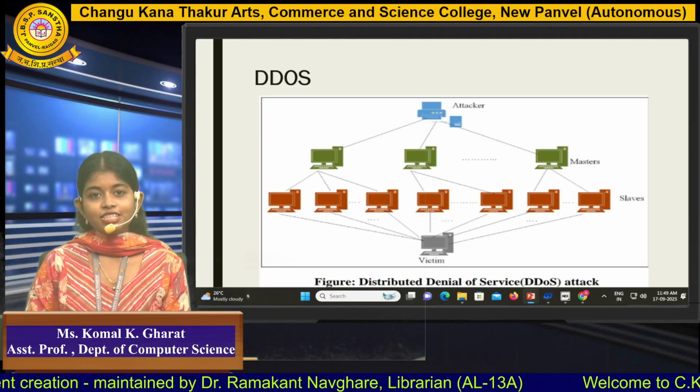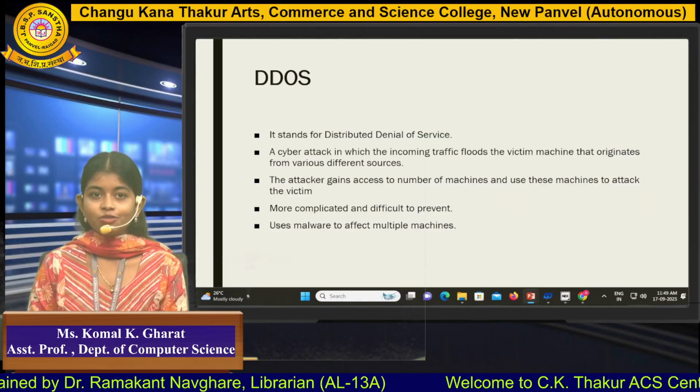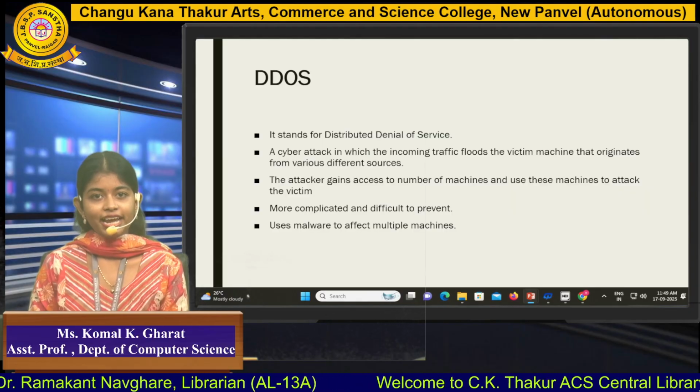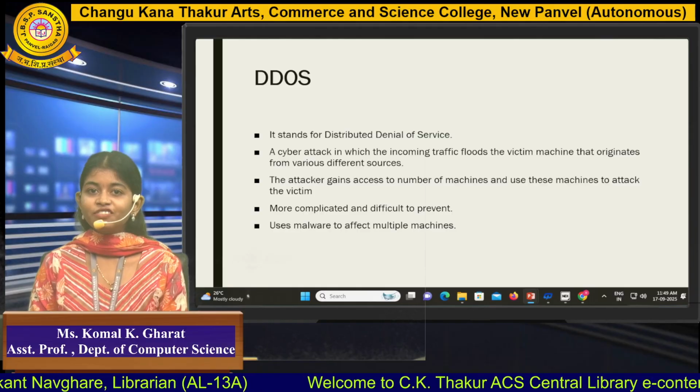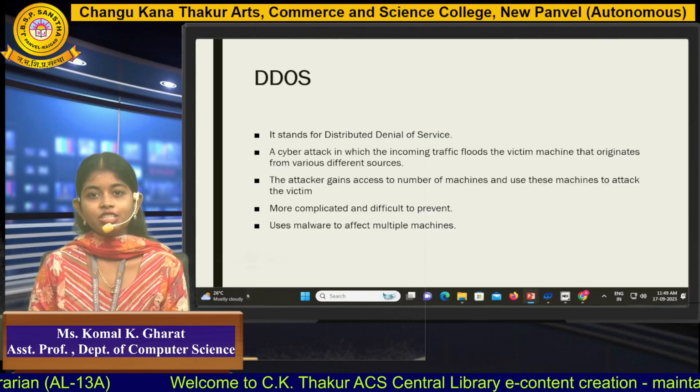Now we will see the description of distributed denial of service. It is a cyber attack in which incoming traffic floods the victim machine and originates from various different sources.